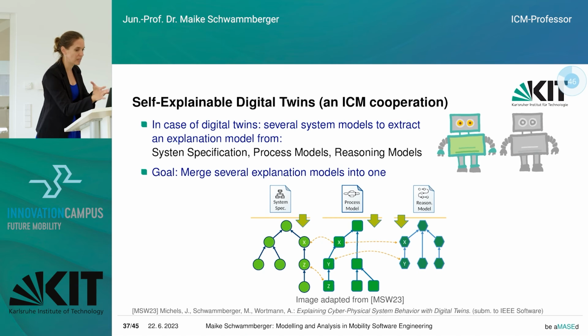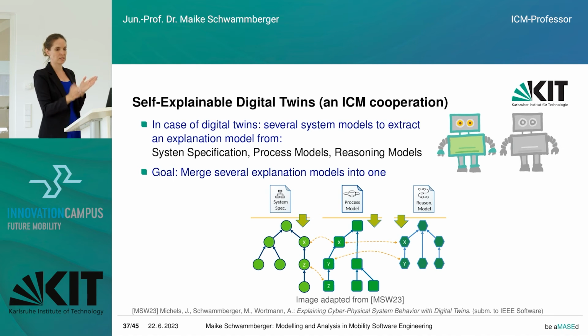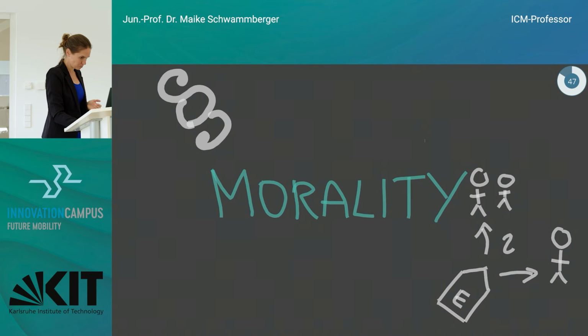This means that we also get several explanation models and have to think about how, if we have, let's say, 10 system descriptions, we can still get one explanation model from this. Maybe some of the system models describe the same behavior. We don't want to have everything double, so we have to refine the models in this case.